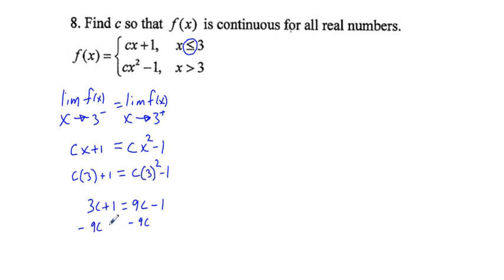And then if we subtract 1 from both sides, I'm going to continue to work to the right here. 3c minus 9c is negative 6c. And then on the right side, we have negative 1 minus 1, negative 2. Dividing by negative 6, we have c is equal to 1/3.